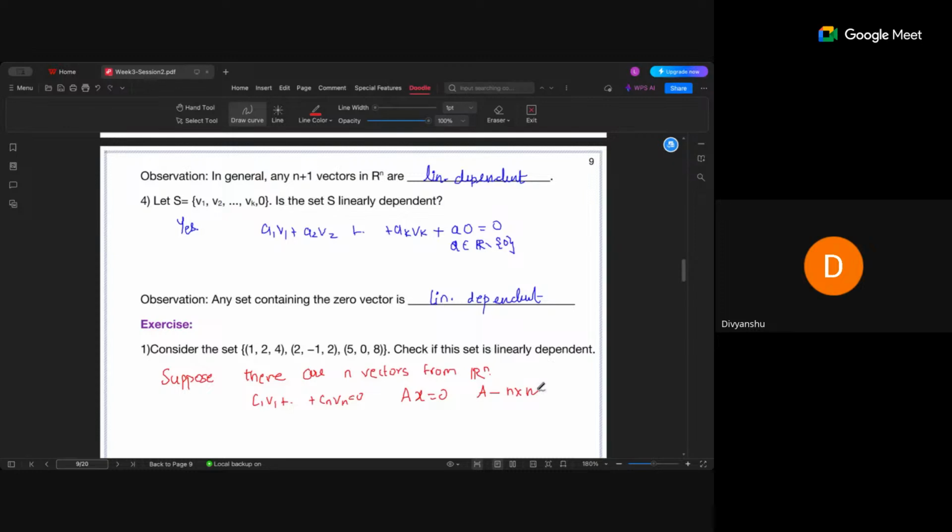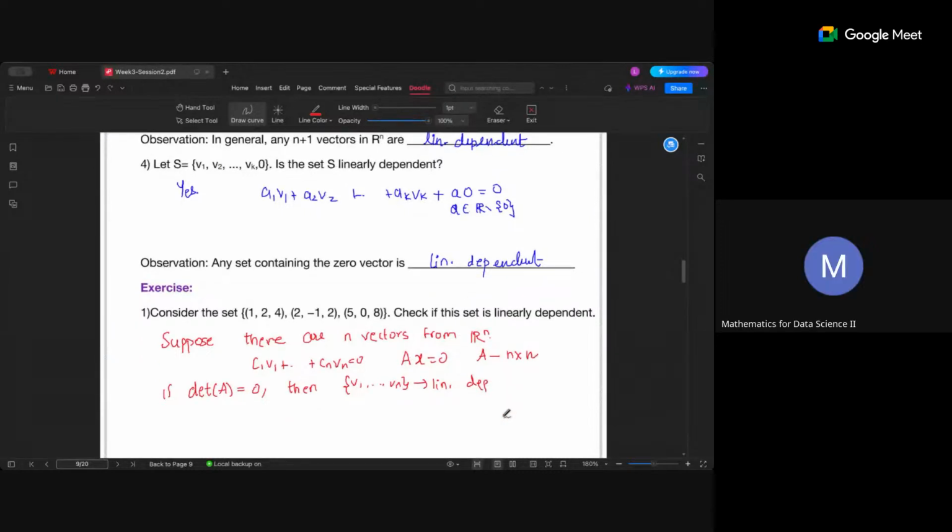In this case, it is 3 by 3. So to check whether it is linearly dependent or not, it is enough to check the determinant of A. If the determinant of A is 0, then v1, v2, ..., vn are linearly dependent.